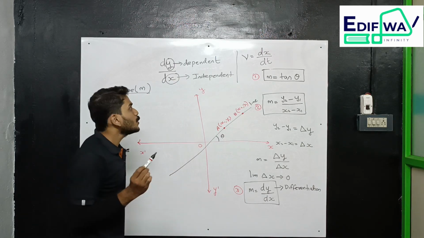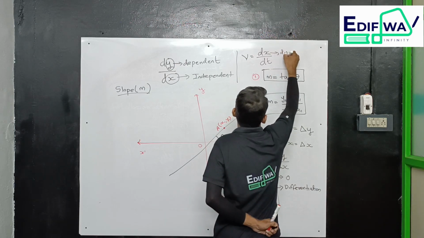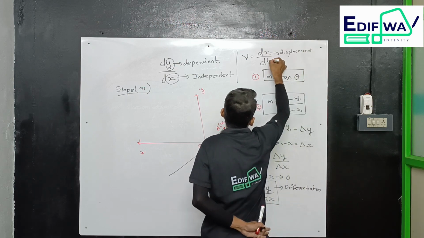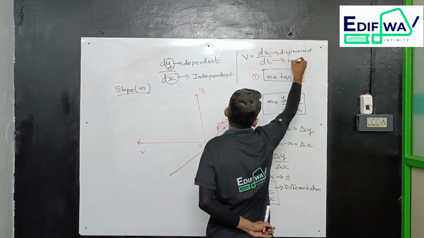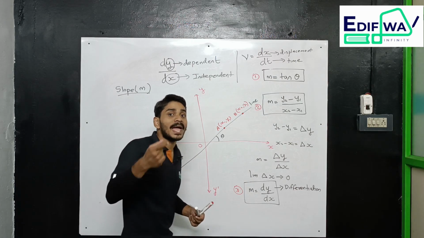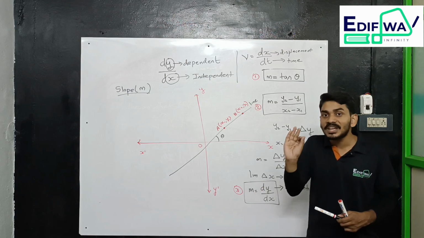Now here x is the displacement, right? And t is the time, right? And I have told you that time is an independent quantity that does not wait for anyone.